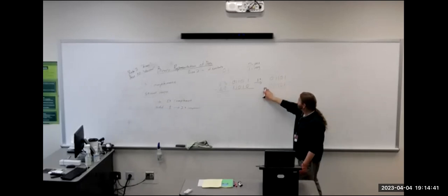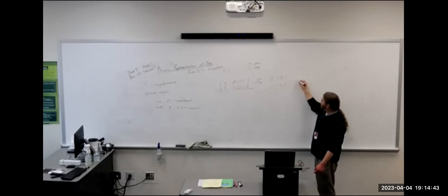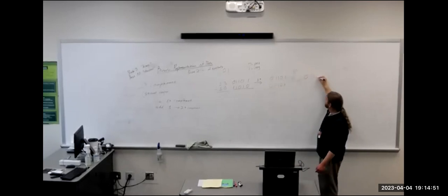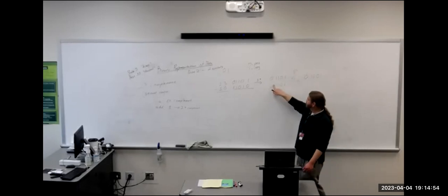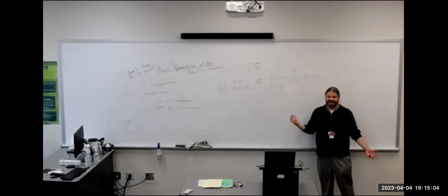And now to that, we add 1 to get our two's complement. So the 13 stays like it was. 0, 0, 1, 0, we need to add 1. 1 plus 1, that's easy, right?